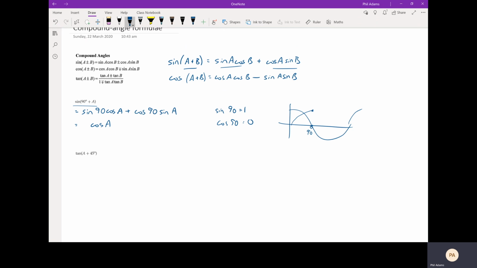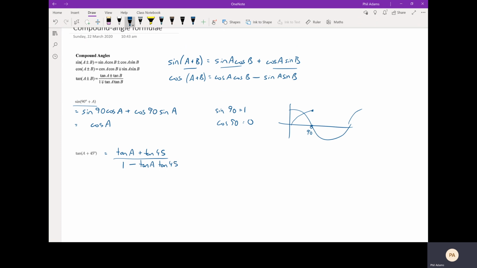The second one, we've got tan of A plus 45. So this is using a rule that is a little bit more complex, but if we're going to write that, we know that it will equal tan A plus tan 45, because in the rule you can see it's plus or minus for both of them. And then on the bottom line, we're going to have 1 minus tan A times tan 45.